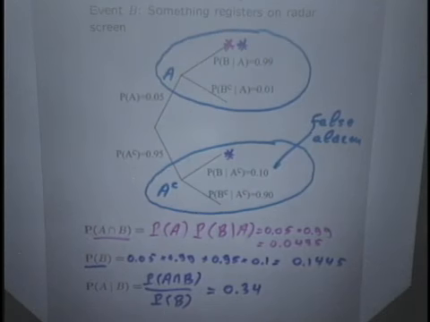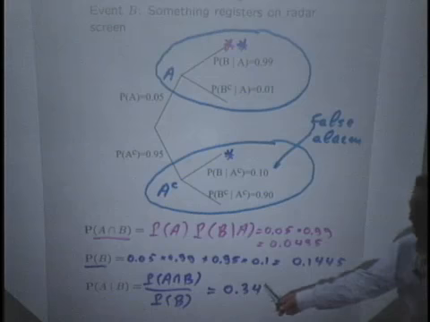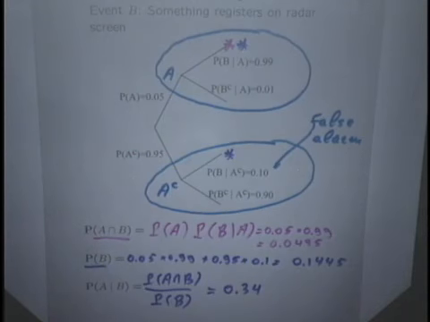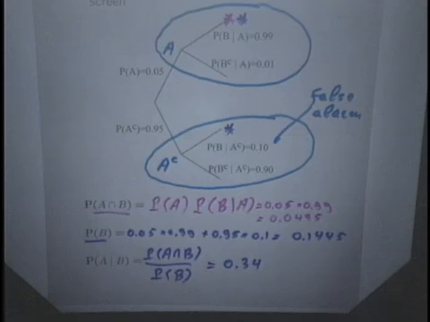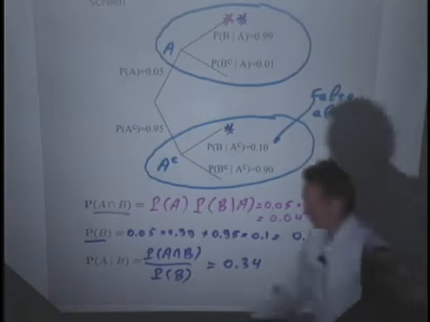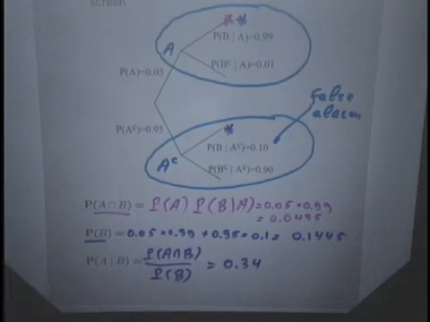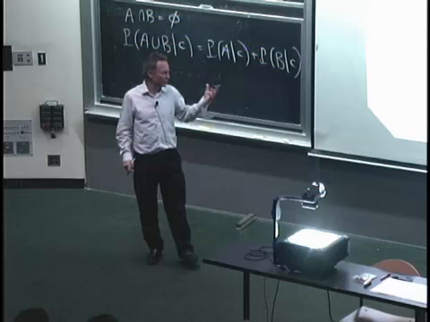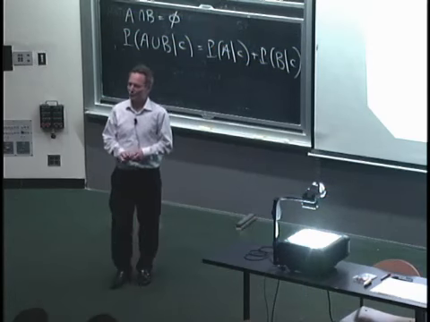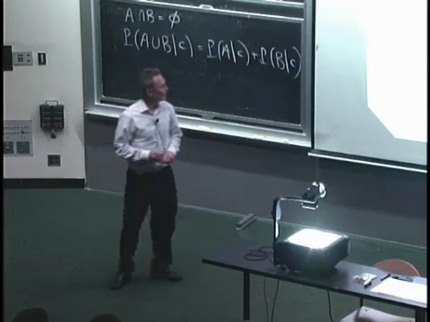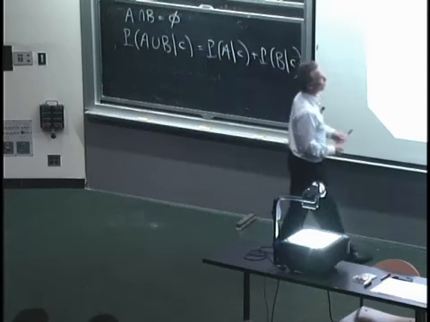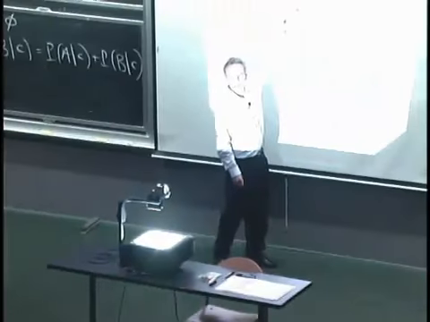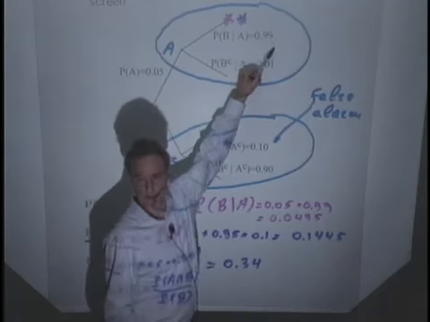OK. There's a slightly curious thing that happens in this example. Doesn't this number feel a little too low? This is the conditional probability, given that my radar said there is something out there, that there is indeed something there. So it's sort of a probability that our radar gave the correct answer. Now, the specs of our radar were pretty good. In this situation, it gives you the correct answer 99% of the time.